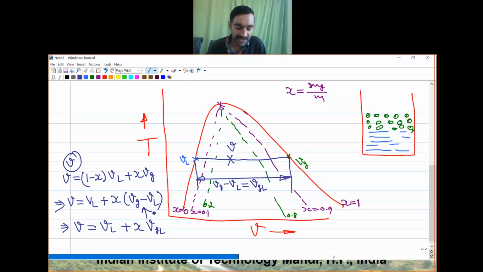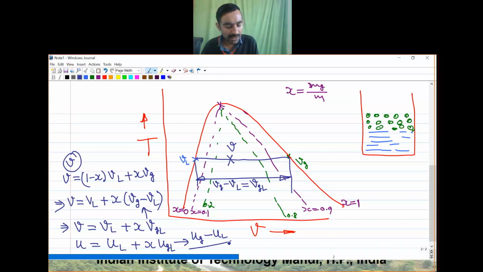So this is what we have done in the two-phase region. If we have to define an overall property of the system, we use this type of weighted average, and it is applicable for all properties. For example, for internal energy at this particular location, my internal energy U is equal to UL plus x times UGL, where UGL is equal to UG minus UL.